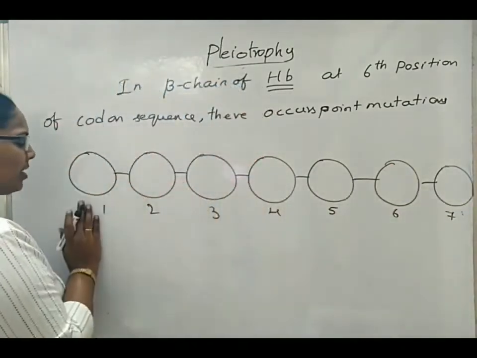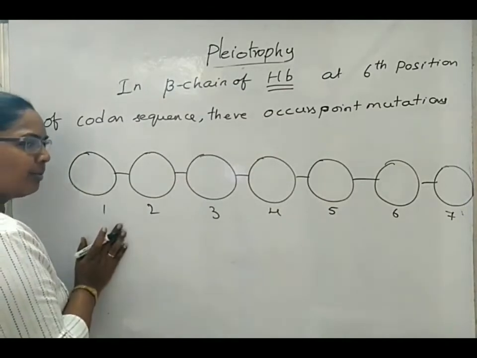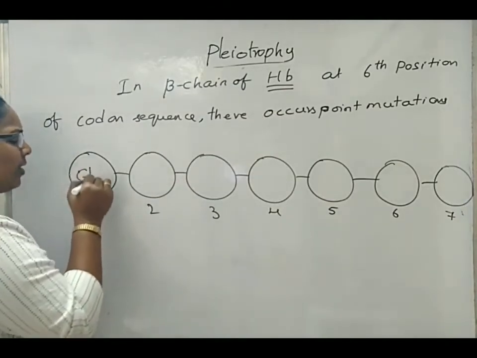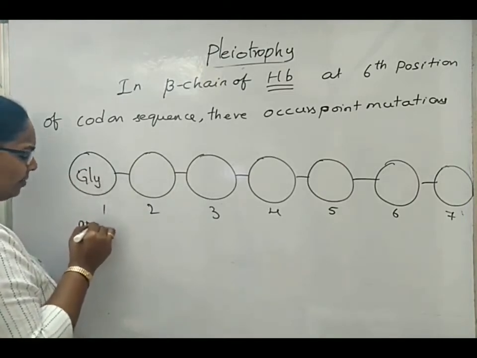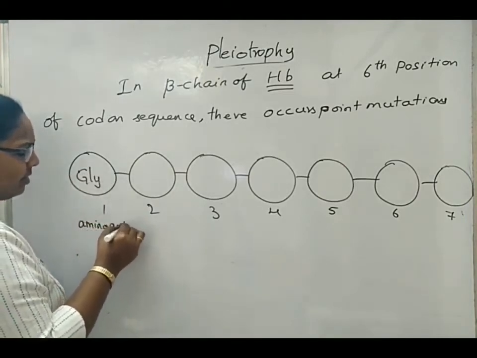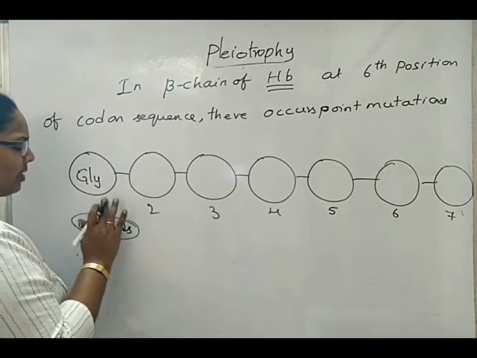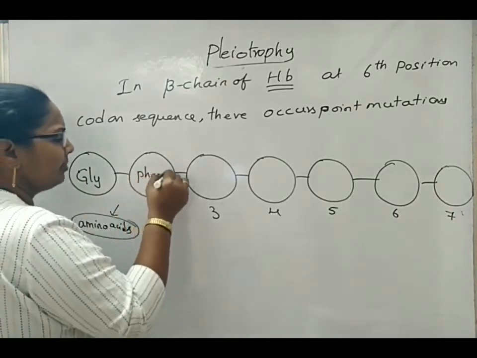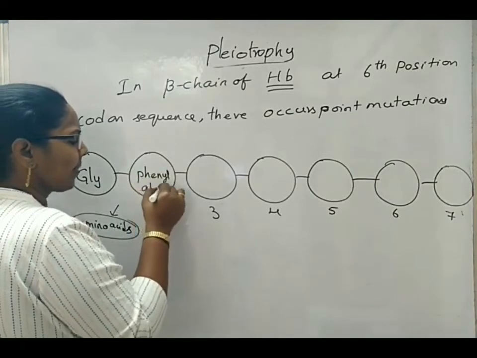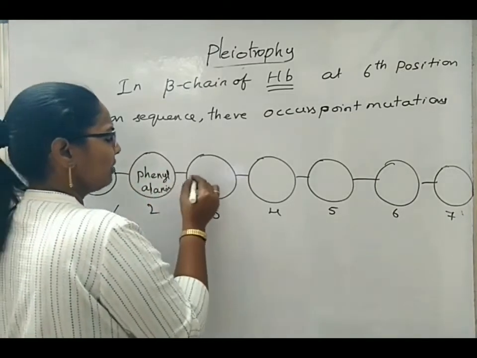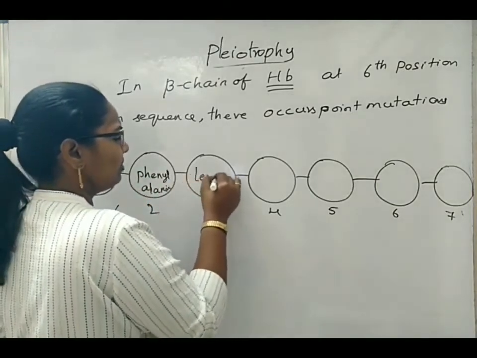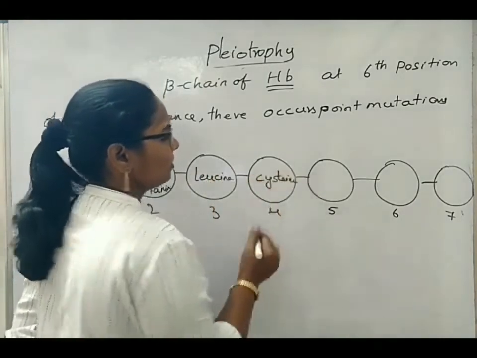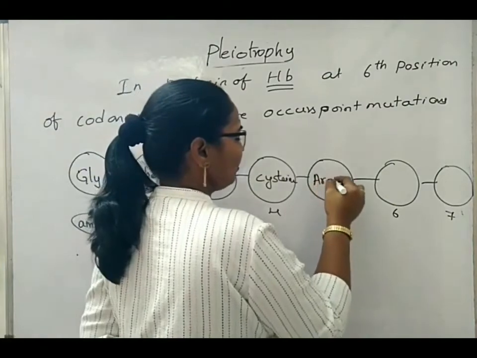Think that this first codon, some group of 3 nitrogen bases, is coding for the amino acid glycine. The amino acid names are: this is phenylalanine, this is leucine, suppose this is cysteine, this is arginine.